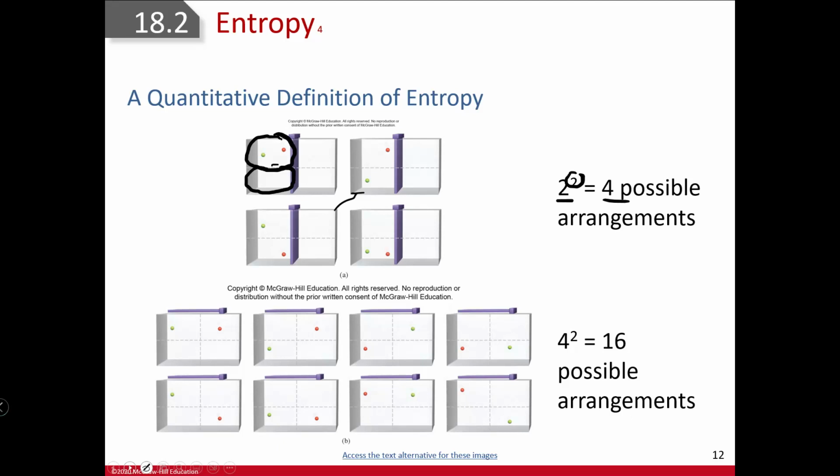Let's make this clear here. These two spaces are this, and the two particles are this. So here we have two particles again, so that's this part. But now when we take the barrier away, we have four quadrants. That's just to oversimplify it.